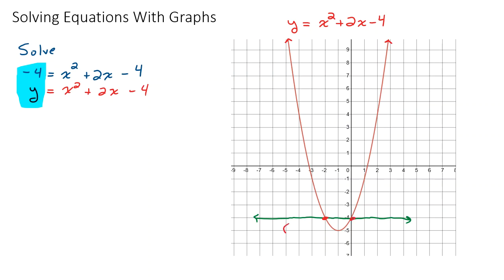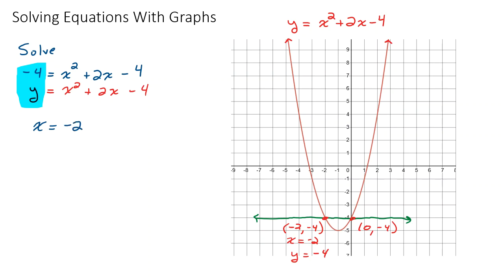So on the graph, we have the point negative 2, negative 4, and we also have the point 0, negative 4. So when x is negative 2, y will come out to be negative 4. So that means that x equals negative 2 is a solution to this equation.